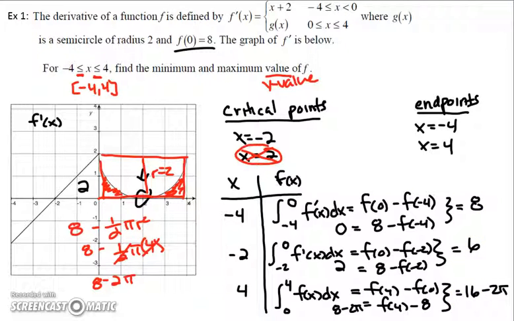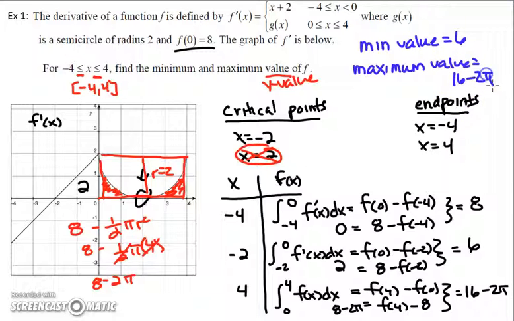So our minimum value is 6. Our maximum value is, well, 16 minus 2 pi is going to be bigger than 8, so we'll say 16 minus 2 pi is our maximum value.